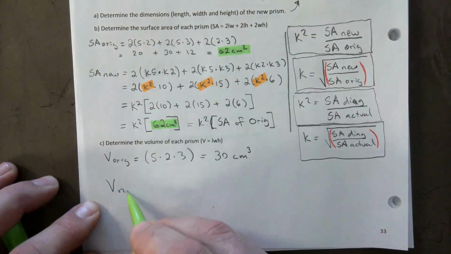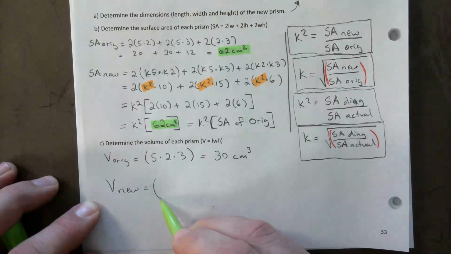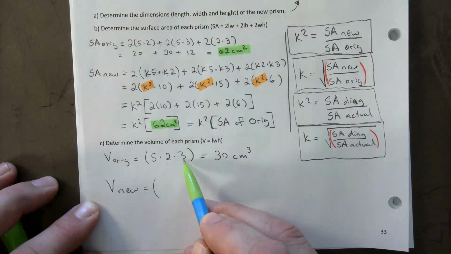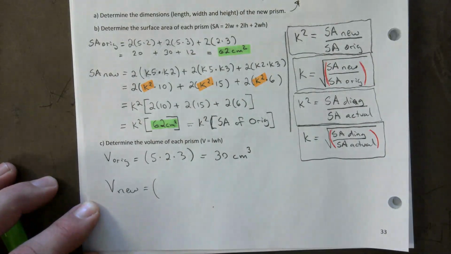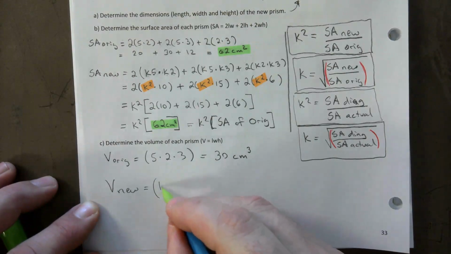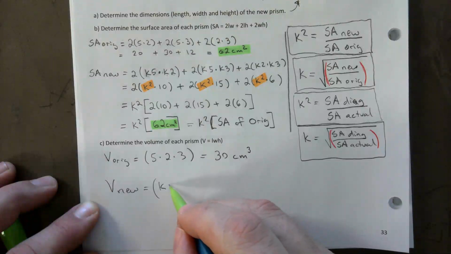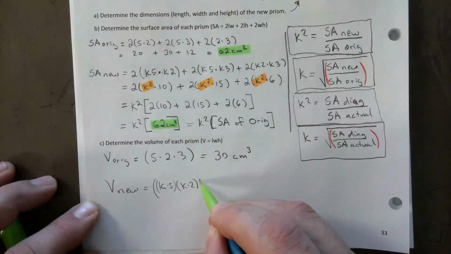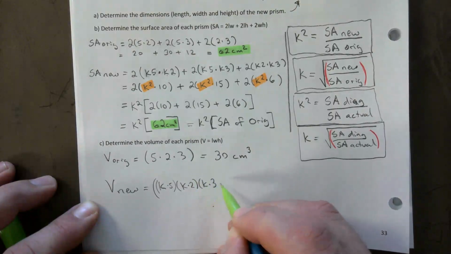Volume of the new, every single dimension, right, has been affected by 2, which we call k. K times 5, right? How about we put them in little brackets? Times k times 2 times k times 3.